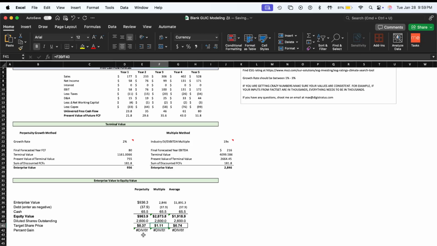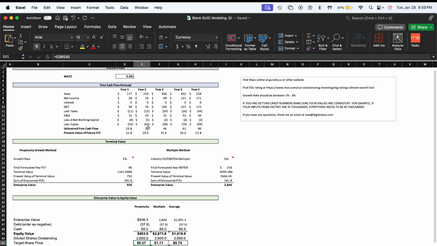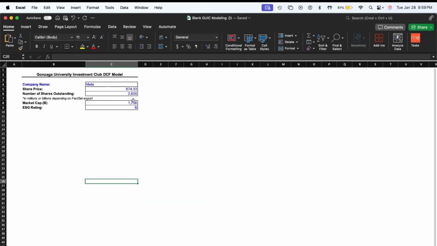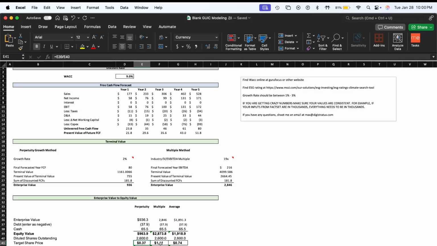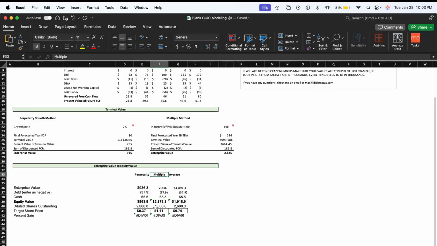And so you'll see that, okay, well, their current share price is 674.33. How is it projected that they're going to have 37 cents or a dollar 11 cents? That doesn't make sense, and so that should be a red flag.